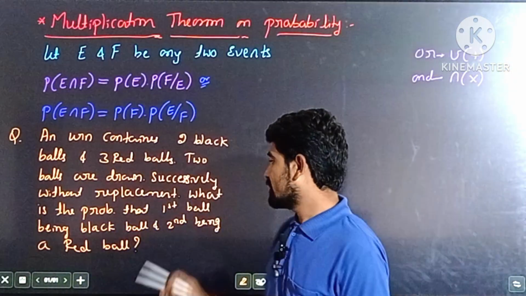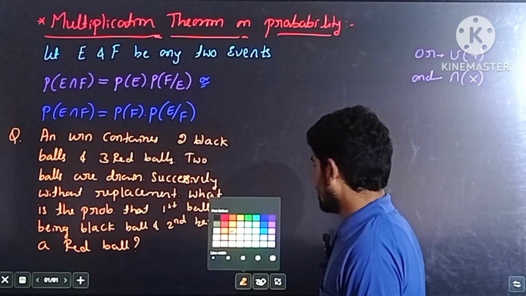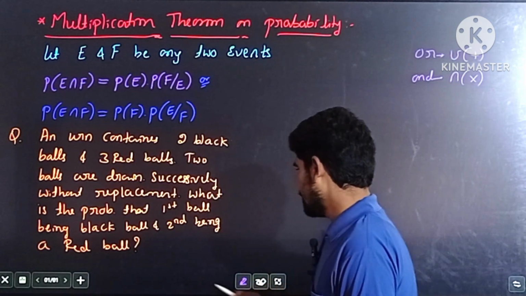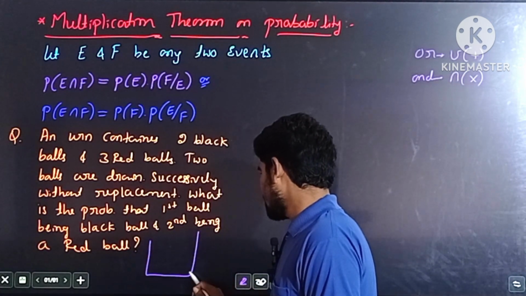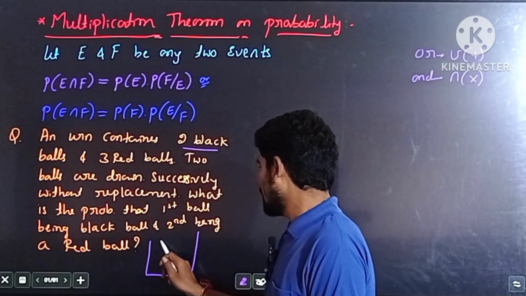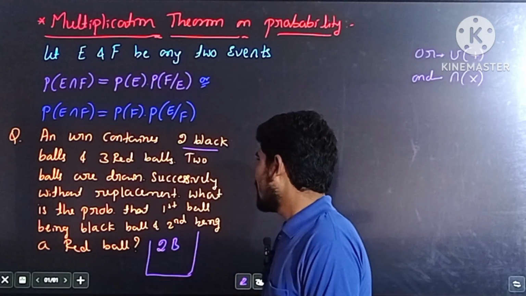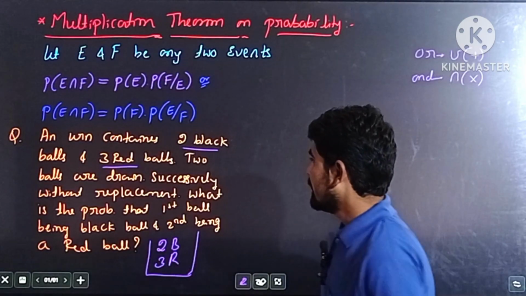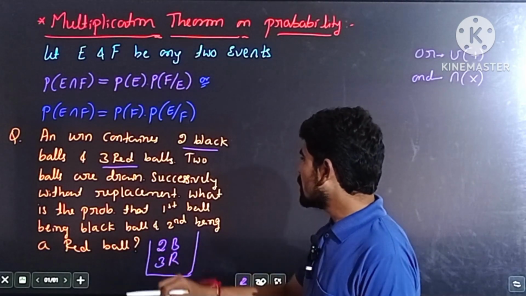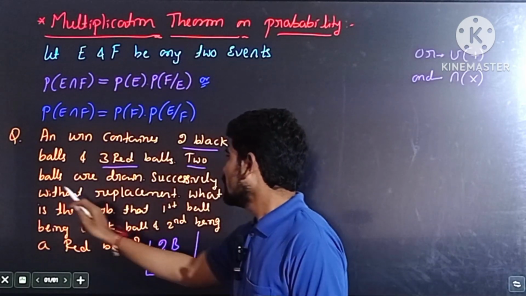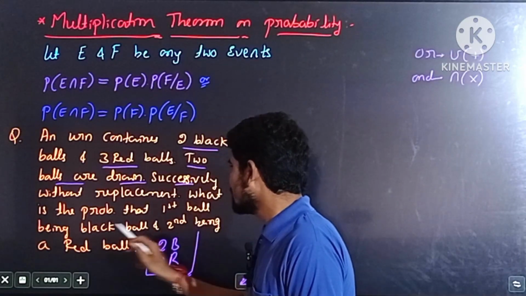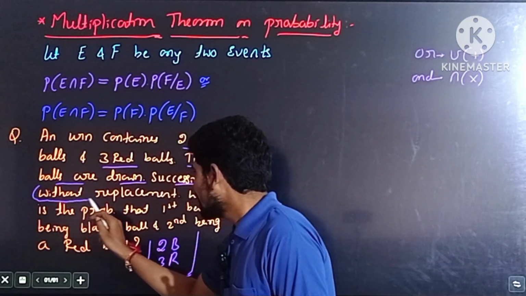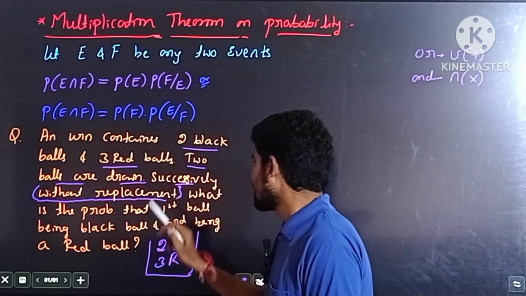See here the question: an urn, in the sense of a box, consists of two black balls and three red balls. And the experiment is two balls are drawn successively, in which manner? In without replacement manner.